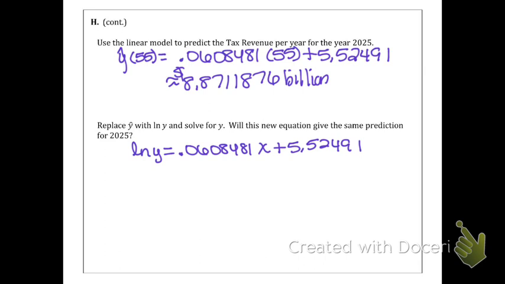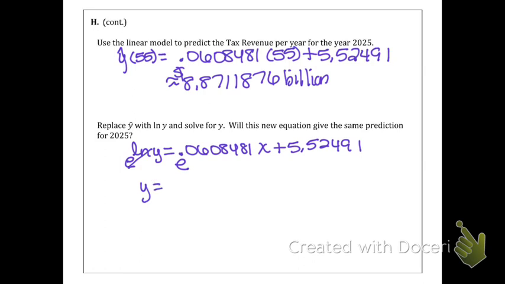So in order to get the natural log and the y away from each other, if I exponentiate it, same thing as if I changed b to the y equals x to exponential form, I'd get the same exact thing here. It's just a little less writing.